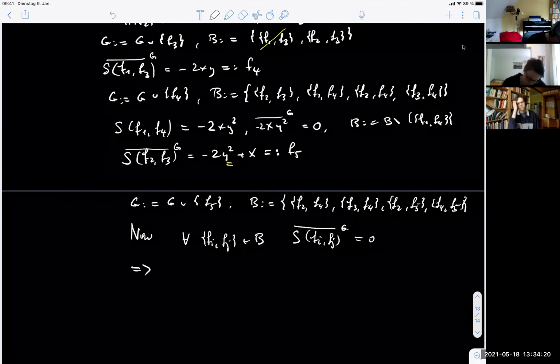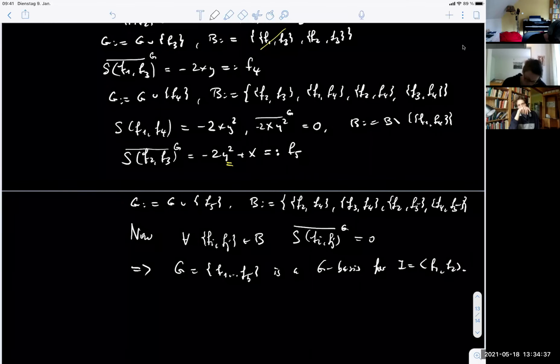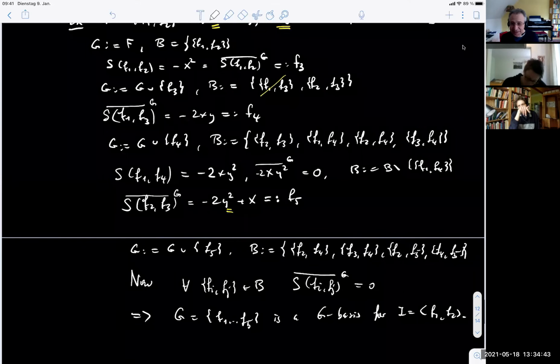Hence G, the list f1 up to f5, is a Gröbner basis for the ideal generated by f1 and f2. So this is a computation you can do by hand.